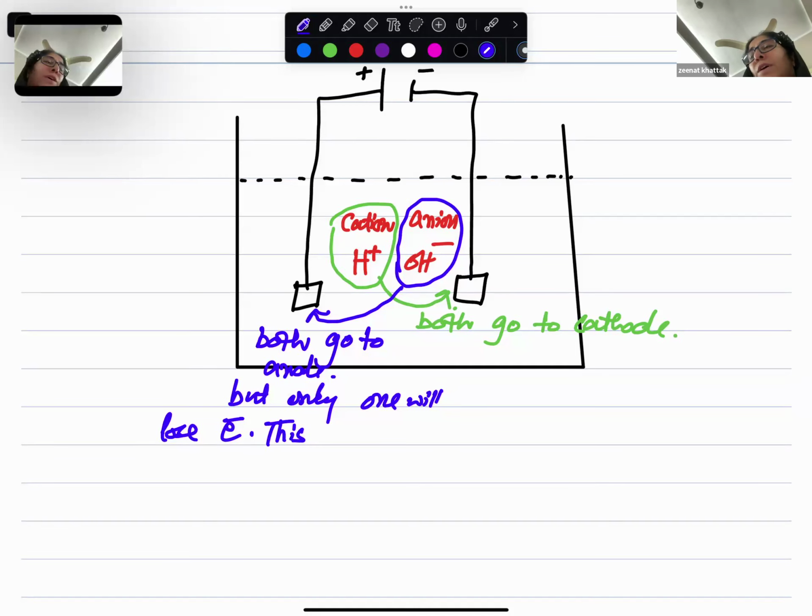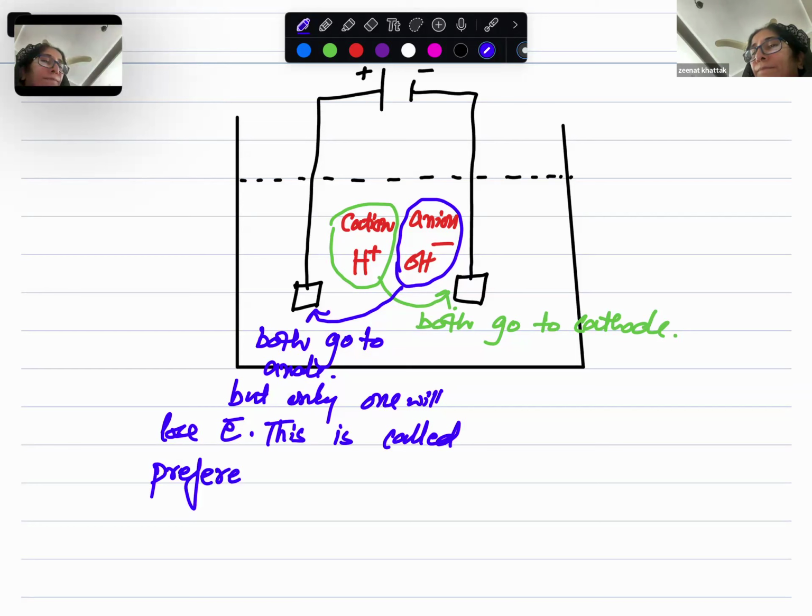This is called preferential discharge. Both will go to cathode and both will go to anode. At anode, both will go, but only one will lose electron.